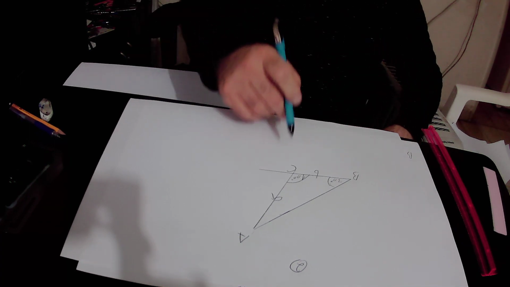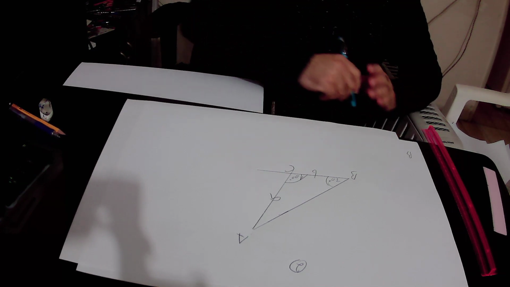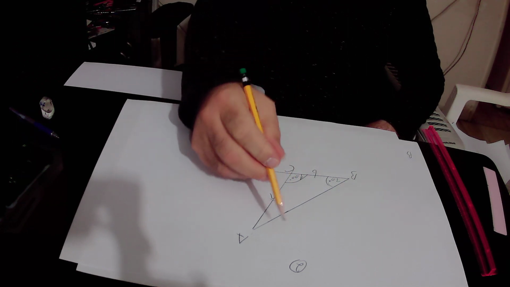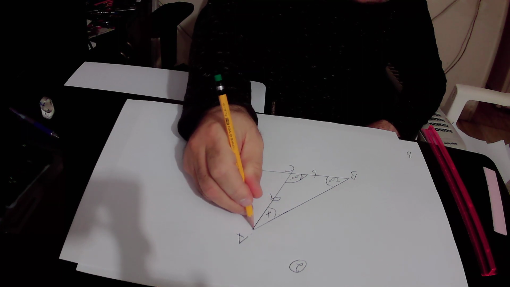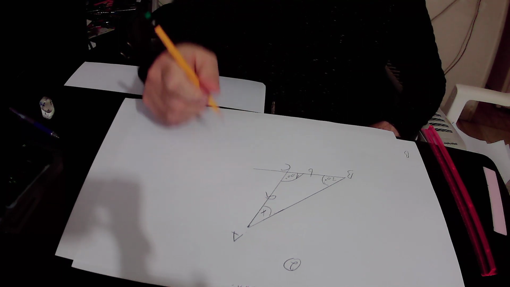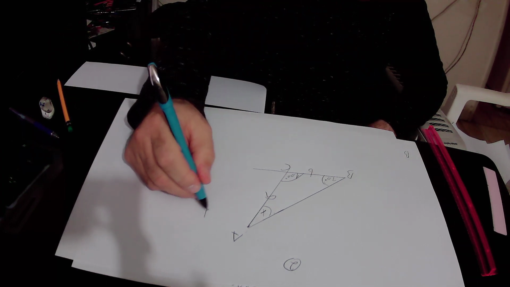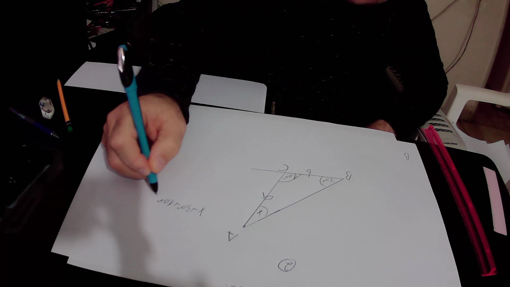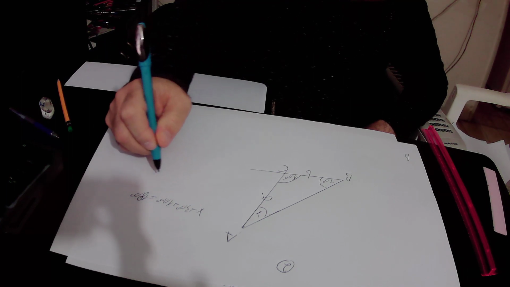We know that side AC equals A units, side BC equals B units, and angle BAC is the missing angle, so we will define it as angle X. We know that in triangle ABC the sum of the angles must equal 180 degrees, so angle X plus 30 degrees plus 100 degrees must equal 180 degrees.